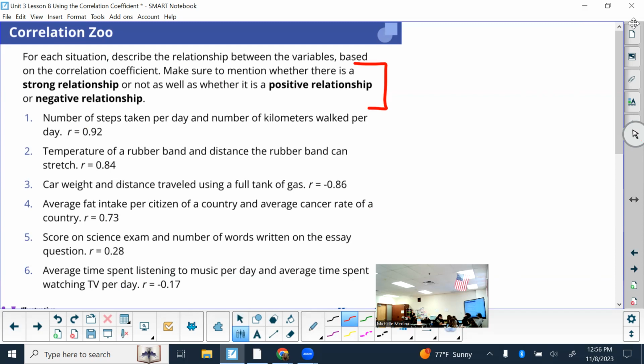But only after you answer this, because we'll assign a reporter, and we only have 4 tables, there's 6 up there. So some of you may speak during this, and it's been a while. You need to tell me for each situation, based on the correlation coefficient, the R, whether it's strong or weak, and whether it's positive or negative.